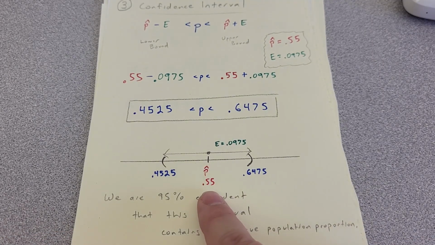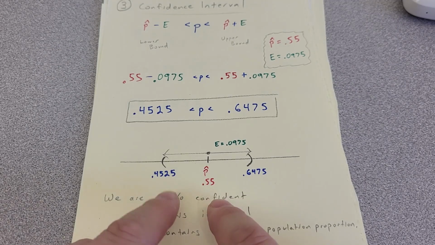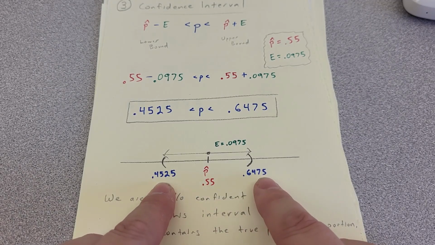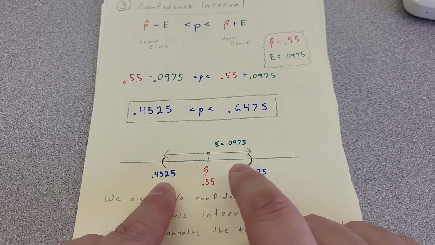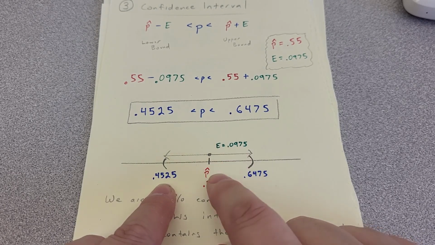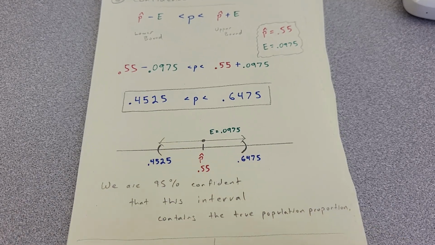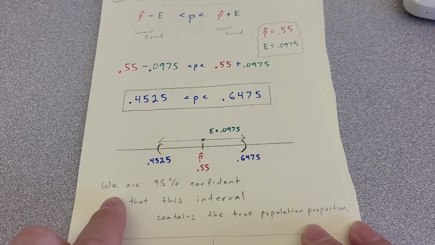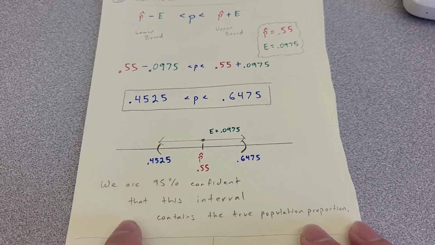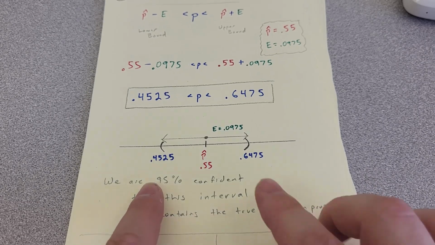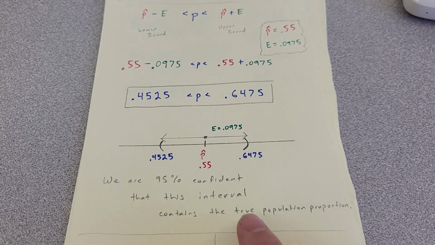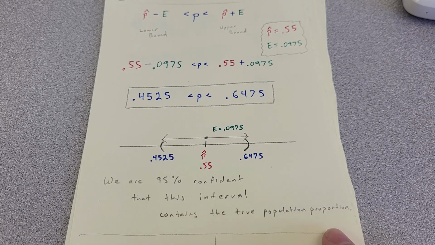Here is the p-hat we got. Here is the lower bound and the upper bound. That came from knowing what the error was and adding it or subtracting it, which lets us know that, once again, the proper language, we are 95% confident that this interval contains the real true population proportion.